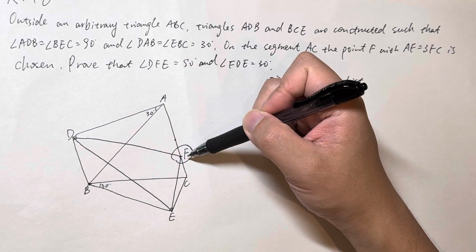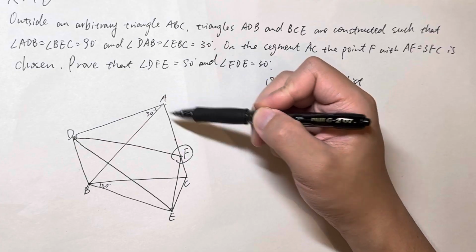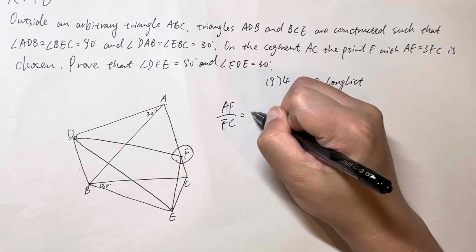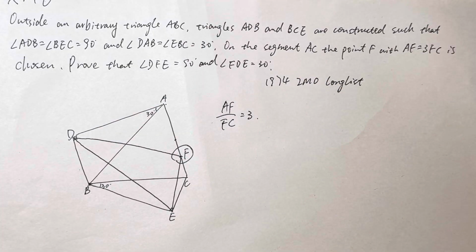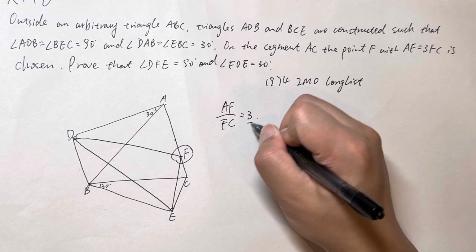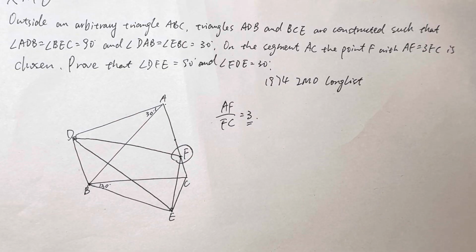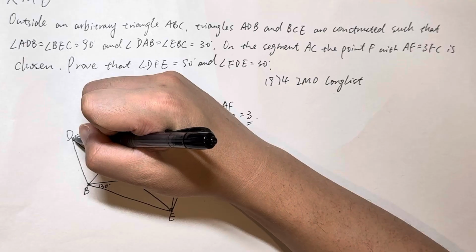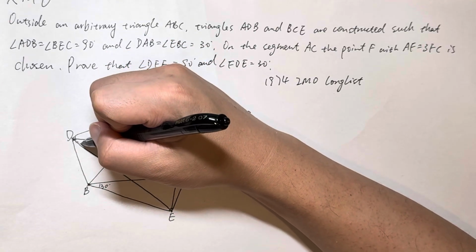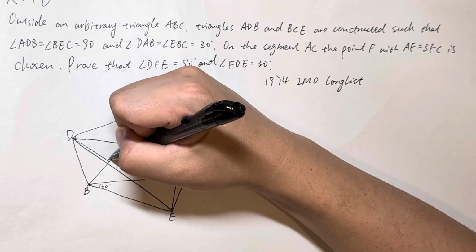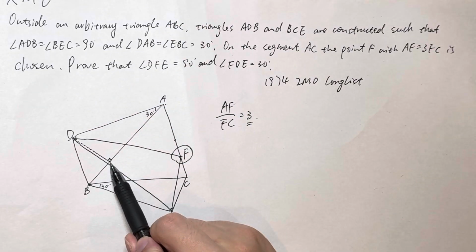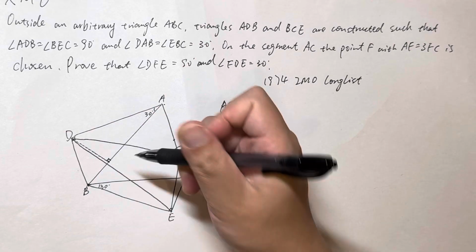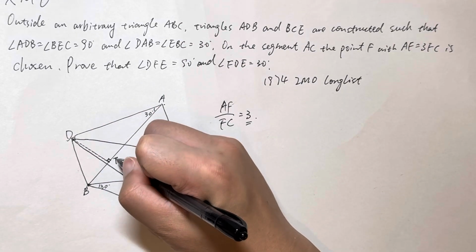This point F satisfies that AF to FC equals 3. So this number should remind us, if we can find the projection point here from D to AB, let's call this point T, for example.